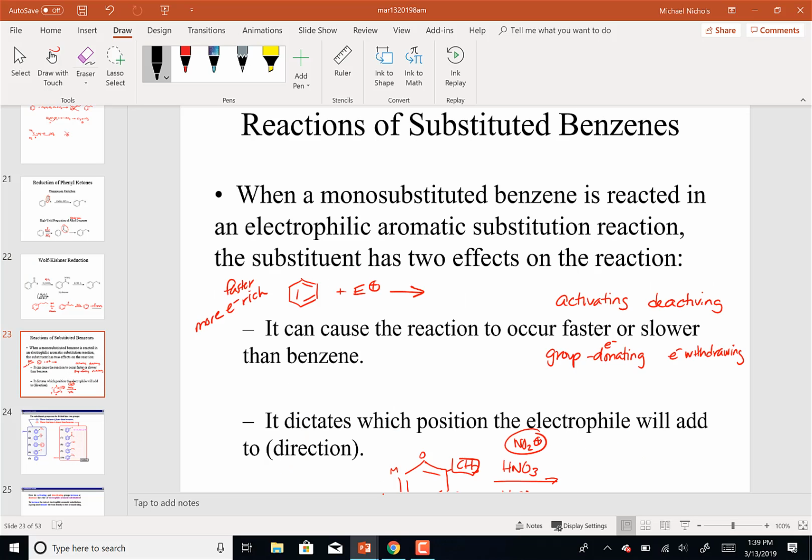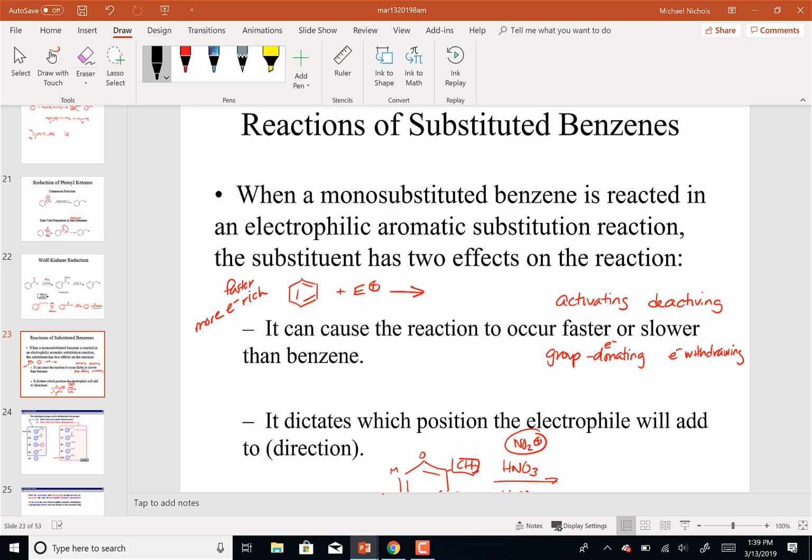That's great. Kind of easy though, because when you have a benzene ring, it doesn't matter where you add the group, because you've got 6 hydrogens, you can replace any of those 6. So let's make it a little more complicated.